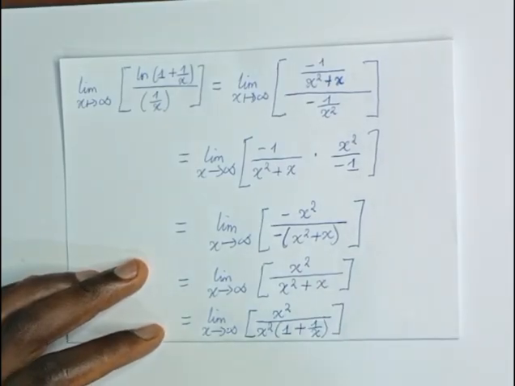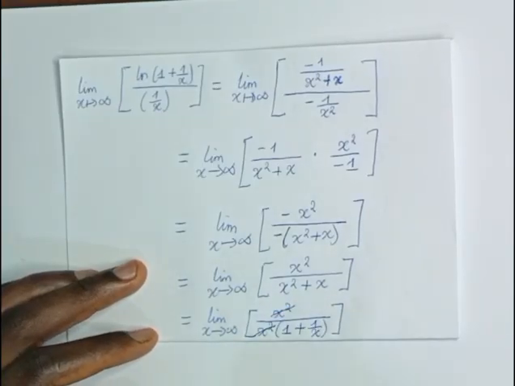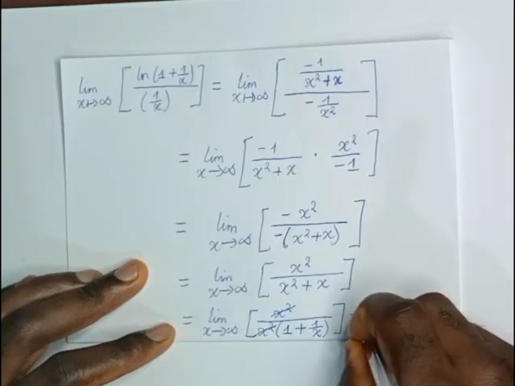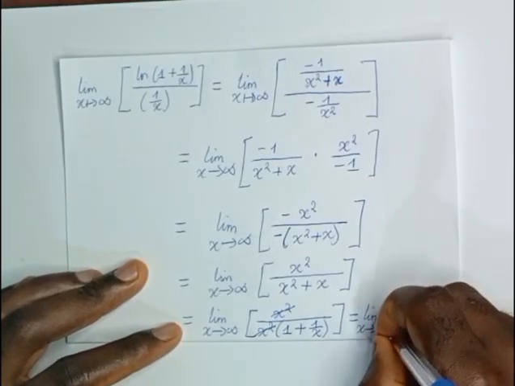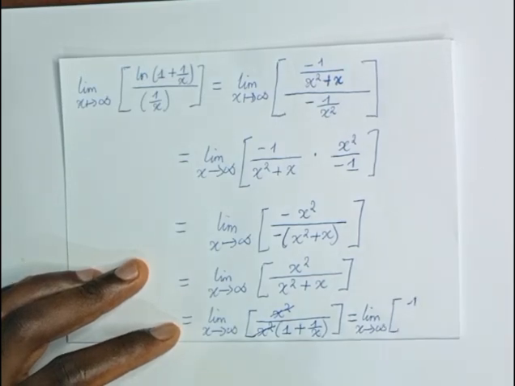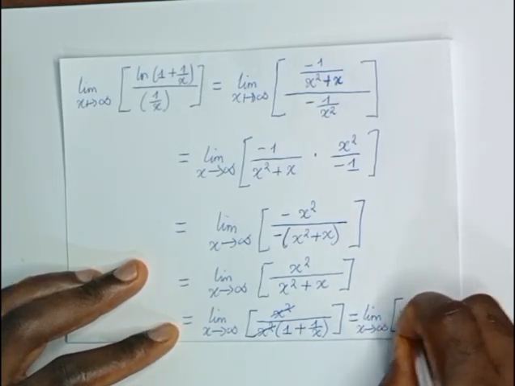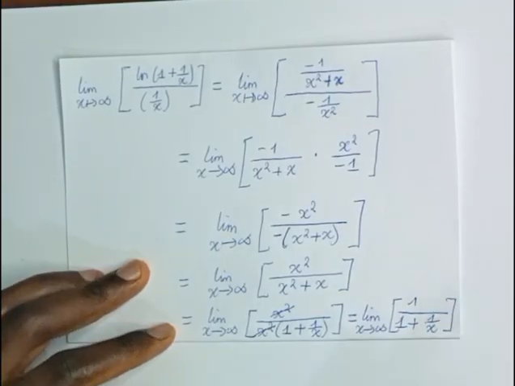Close the bracket. You'll see that x squared in the numerator will strike off x squared in the denominator. And we will simply be left with the limit as x tends to infinity of 1 all over 1 plus 1 all over x at the denominator.